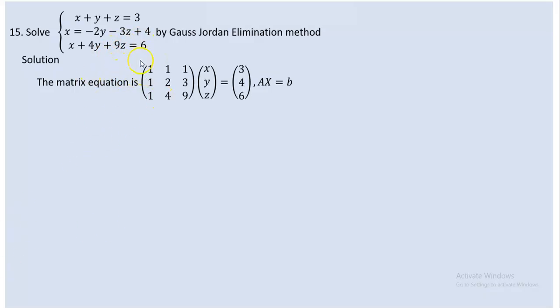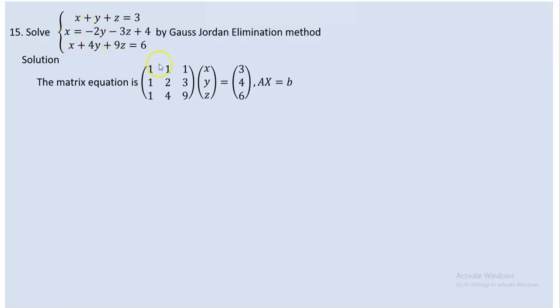The coefficient matrix is directly obtained from the coefficient of x. So 1 1 1. We are having here x 1 1 1. And when you come to y, mind you that this is negative 2y, so it needs to be taken to the left. So here 1, and when it is taken to the left, it's going to be positive 2, positive 4.